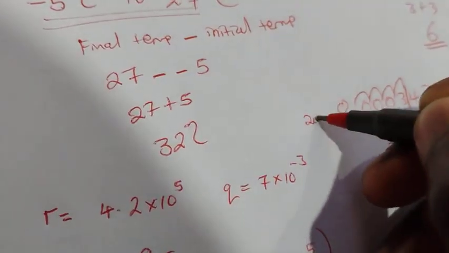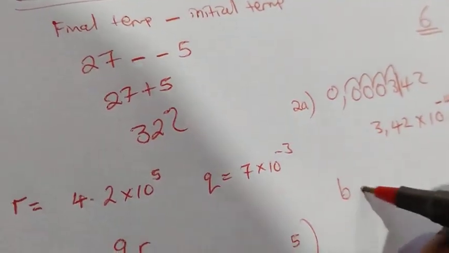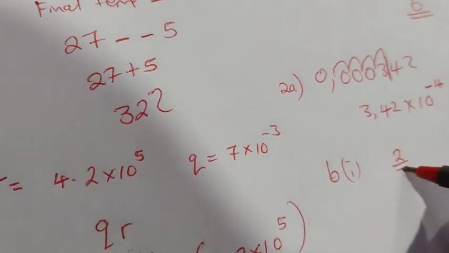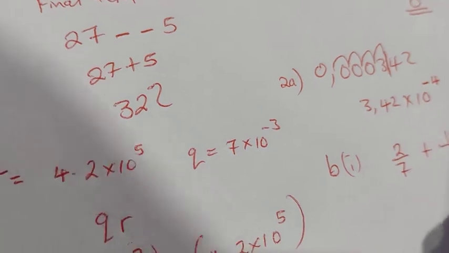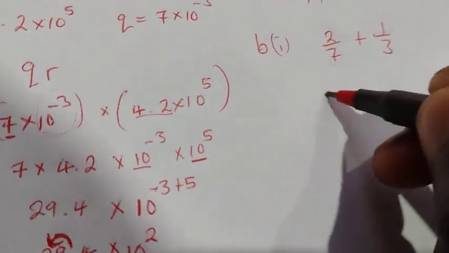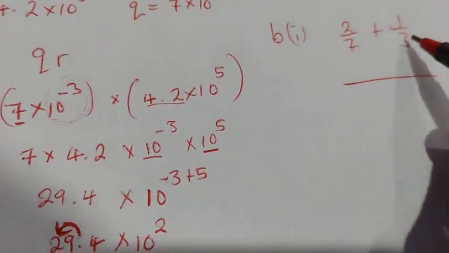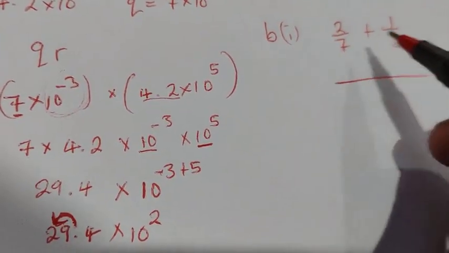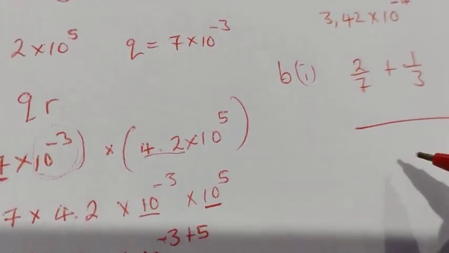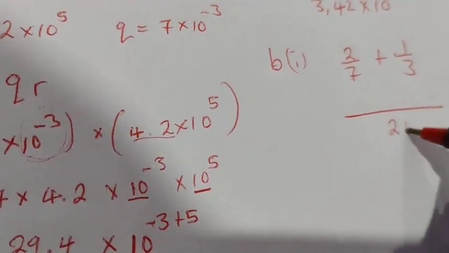That was 2A. Then B, item 1, we have 2 over 7 plus 1 over 3. These are fractions, so the common denominator for 7 and 3 is what? 21.